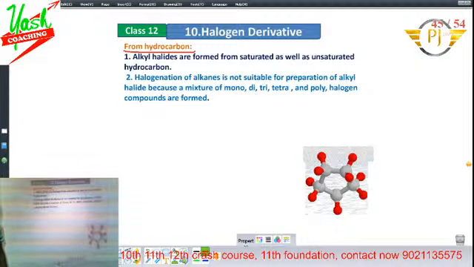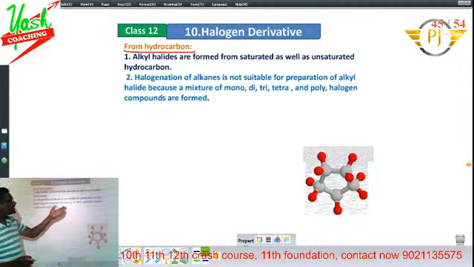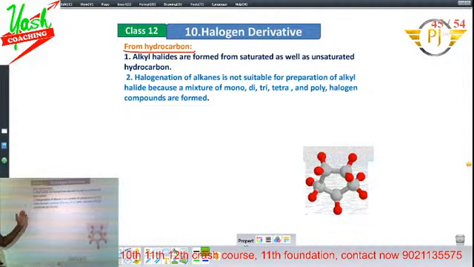Whenever we use alkane, there is a formation of a mixture of mono, di, tri, tetra and polyhalogen compounds. The separation of these is difficult. That's why the halogenation of alkanes is a crude method and not suitable.